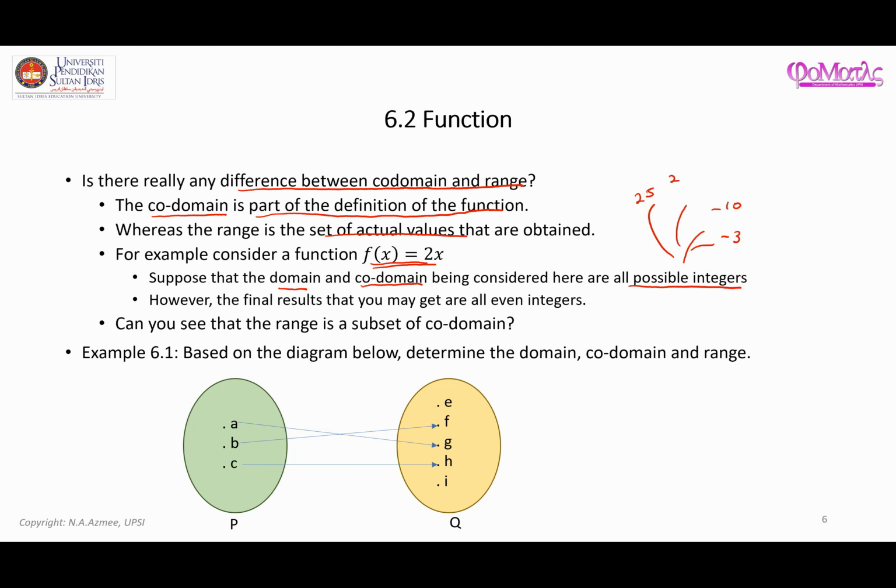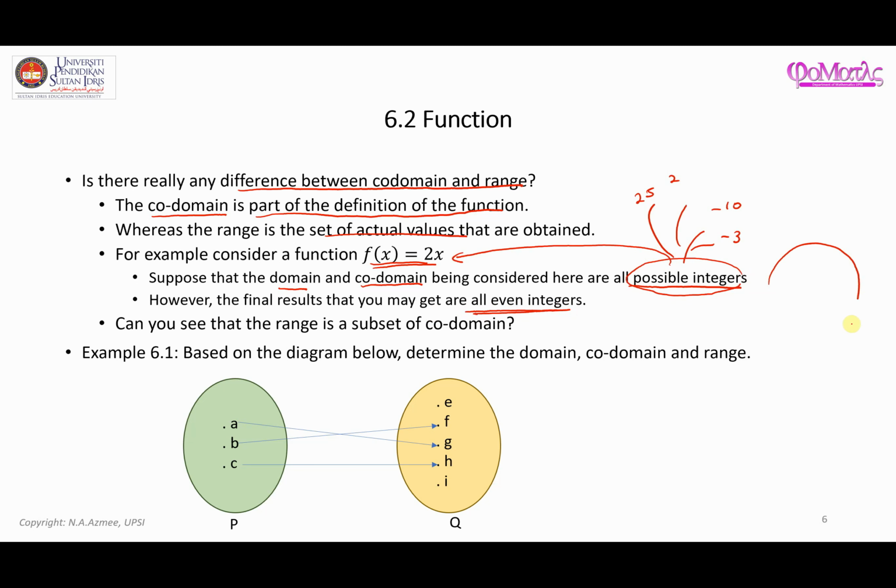So you can see that even though the codomain is defined as all possible integers, if you substitute these integers into the function, the final results that you will get are all even integers. So the result is narrowed down a bit more.